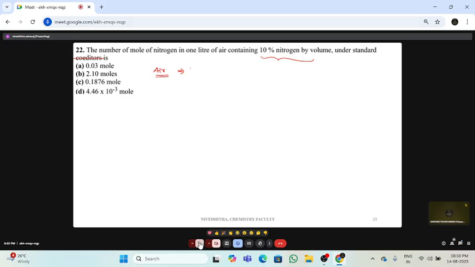In 1 liter of air, how many moles of nitrogen are present? If you guys want any clue, please let me know. I'll give you.